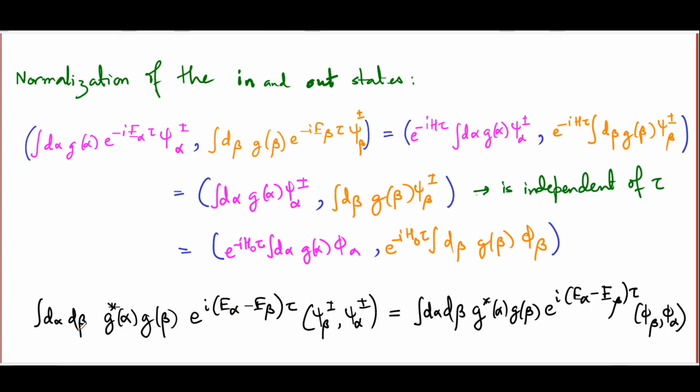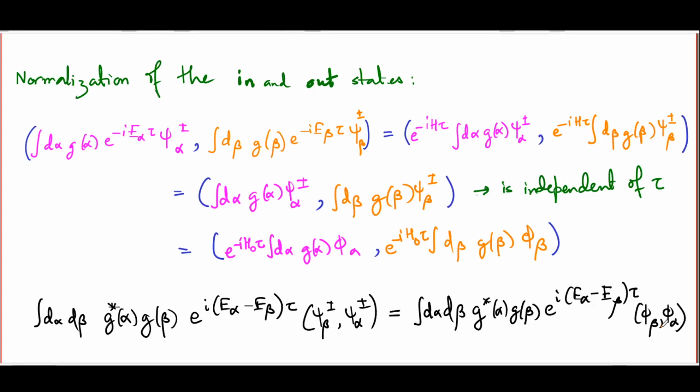Of course, not really double, but because alpha and beta themselves hide a lot of integrals in them, as well as sums, but formally a double integral over alpha and beta of g alpha star g beta times e to the plus i (E alpha minus E beta) tau, remember this gets conjugated, inner product of psi beta plus with psi alpha plus or psi beta minus with psi alpha minus, happens to be the corresponding superposition on this side of the inner products of phi beta and phi alpha.